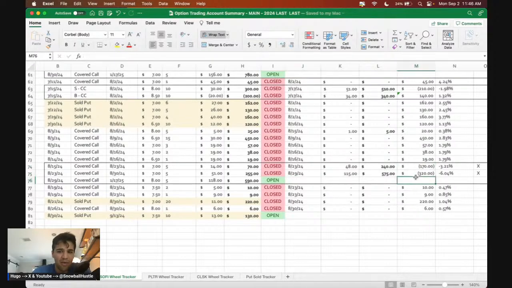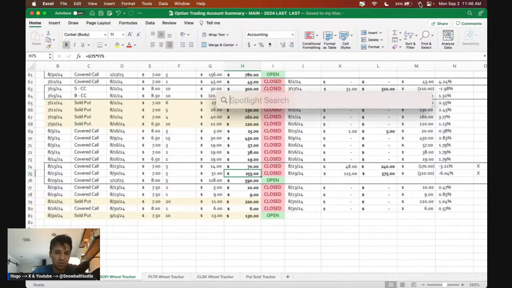Right now, I have two options at the end of here. I could have let it expire and just collected this full 255, right? But you're letting them get called away. So you let them get called away at 7, but you're making 255, right?